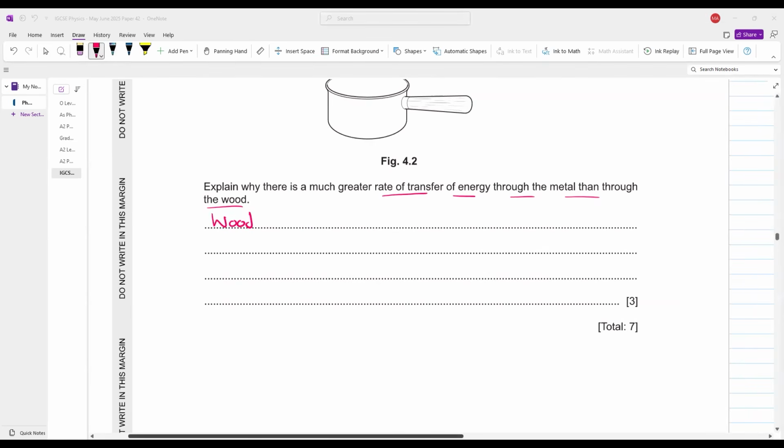or you can put it this way: wood only transfers thermal energy by molecular vibrations.